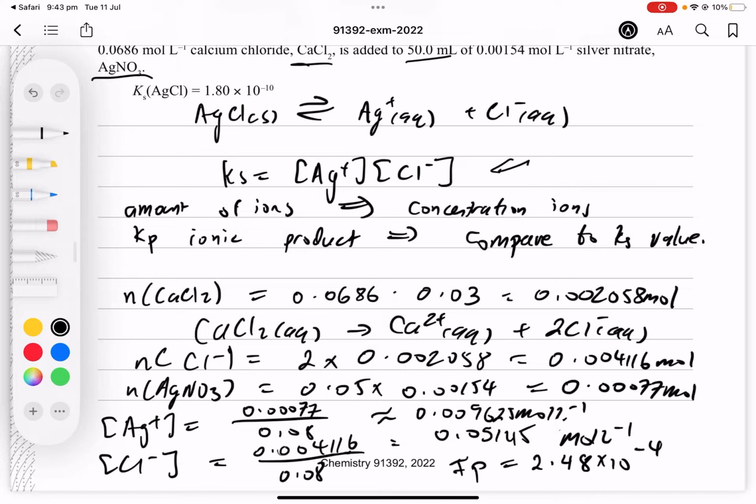Okay, yeah. So this would not be correct.